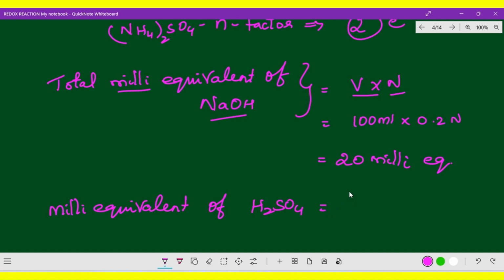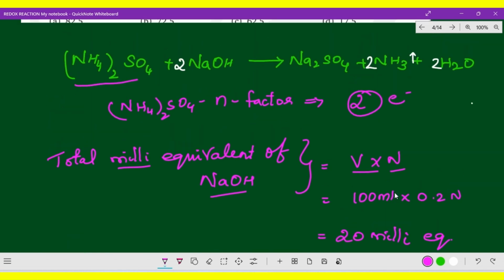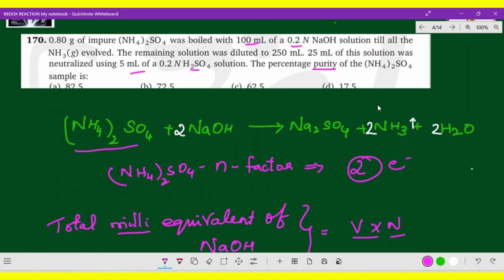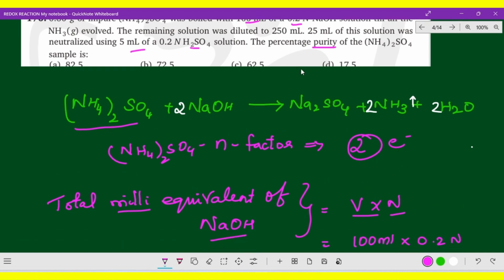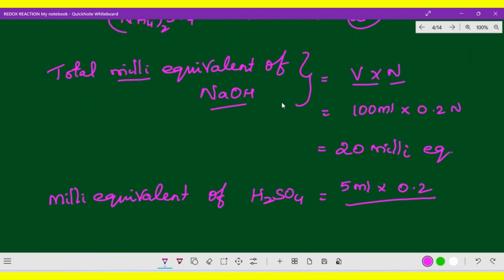That is also the same. Volume into normality. So here 5 ml into 0.2 N, and the volume of the solution in liter, that is what they mentioned now. So the volume of the solution here is 25 ml of the solution. In the diluted solution, how much? 250 ml, in that 25 ml. So that is what I just mentioned here: 25 into 250 ml. Volume of the solution in such an amount. So what is the answer here?